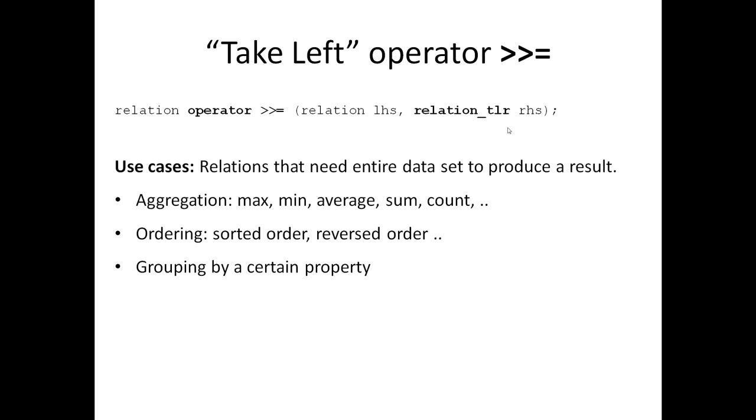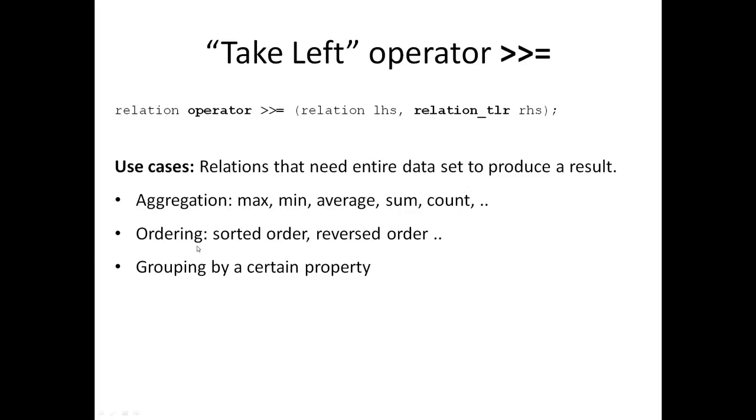Here are some examples of such relations. You can think of aggregation relations like computing the max or min of our input range. These relations will require to examine all the values in the input before they can actually declare which item is the largest or the smallest.